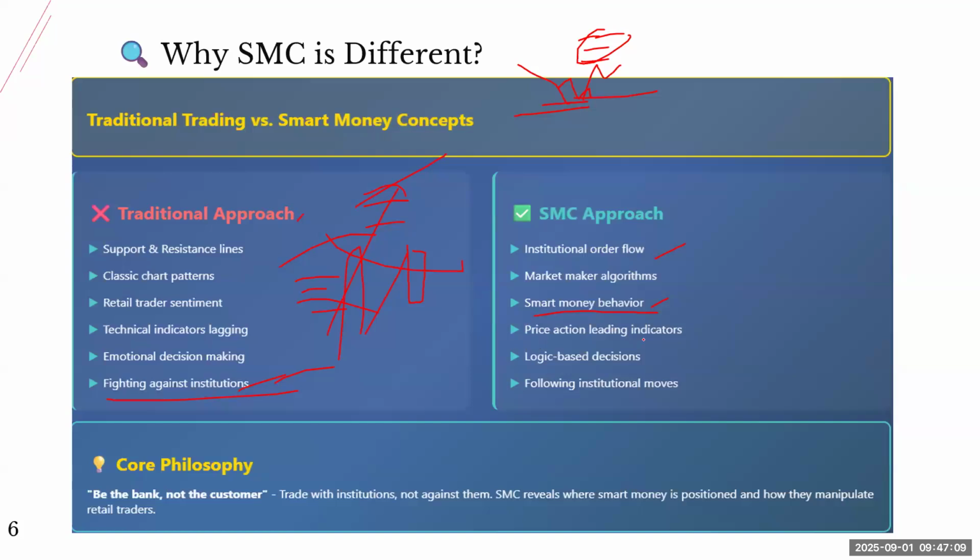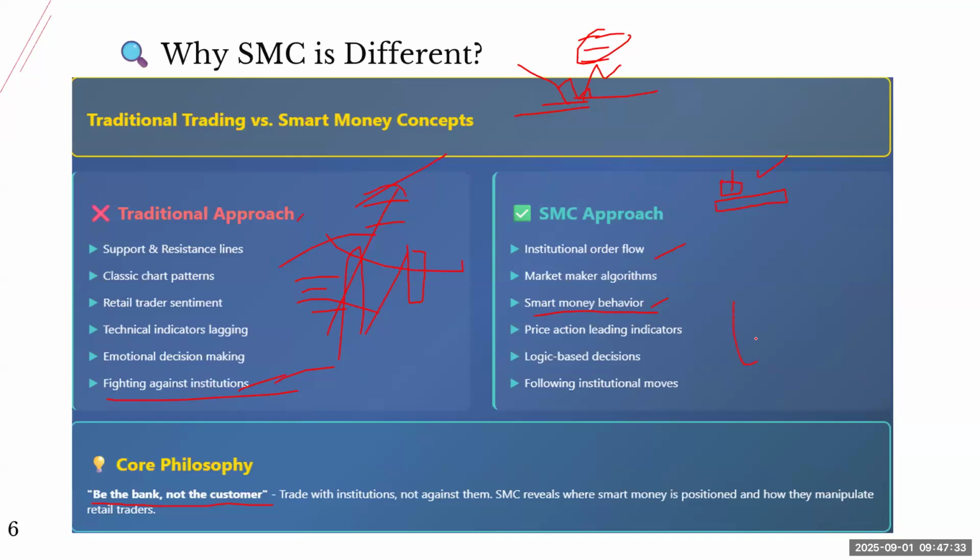Okay. Price action is the leading indicator. That's why smart money likes to wait for confirmation in the lower time frame. They like price action. Very powerful. Logic-based decision, meaning think like the bank, not the customer. Follow the institution's move.